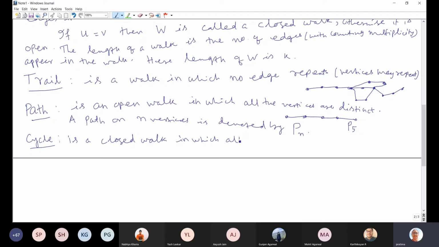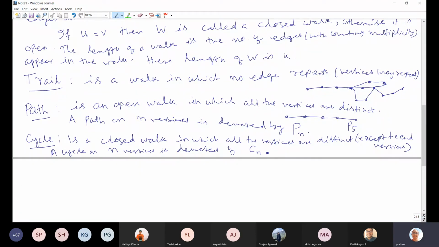This is a closed walk in which all the vertices are distinct, except the end vertices. So a cycle on n vertices is denoted by Cn.